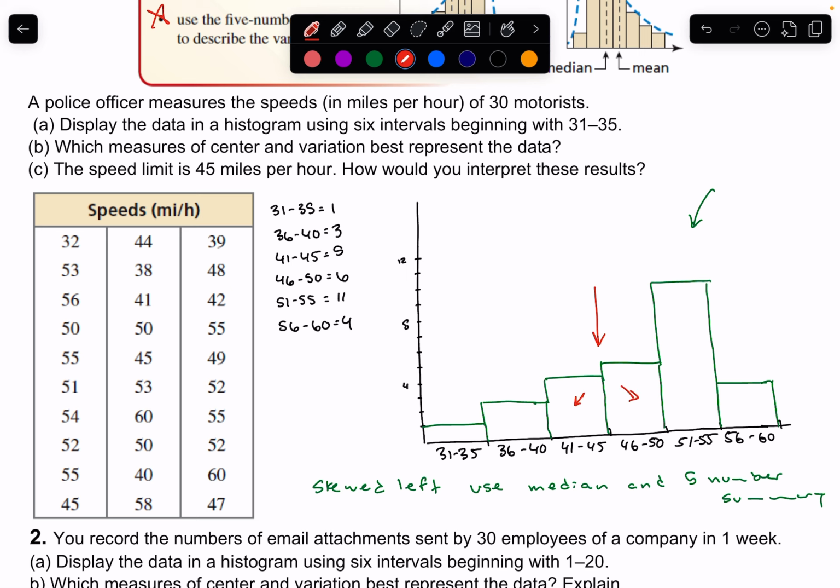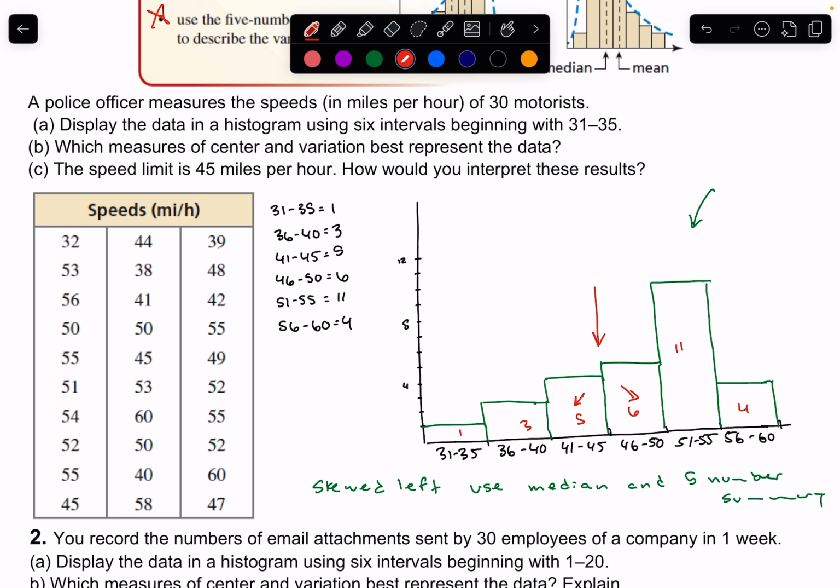That 5-mile-an-hour range is pretty even, but there are a lot more people. This is 11 people. This is 4. Over here, you've only got 1, 3, and 5. So when you look at this data, there are 21 people that are speeding and only 9 people that are going under the speed limit.